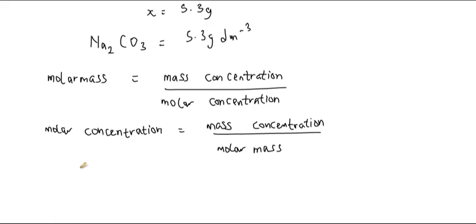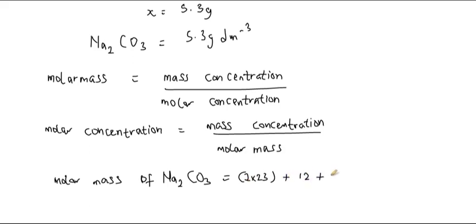So the molar mass of Na2CO3: we have 2 atoms of sodium present, so 2 times 23, plus 1 atom of carbon, 12, plus 3 atoms of oxygen, so that's 3 times 16.